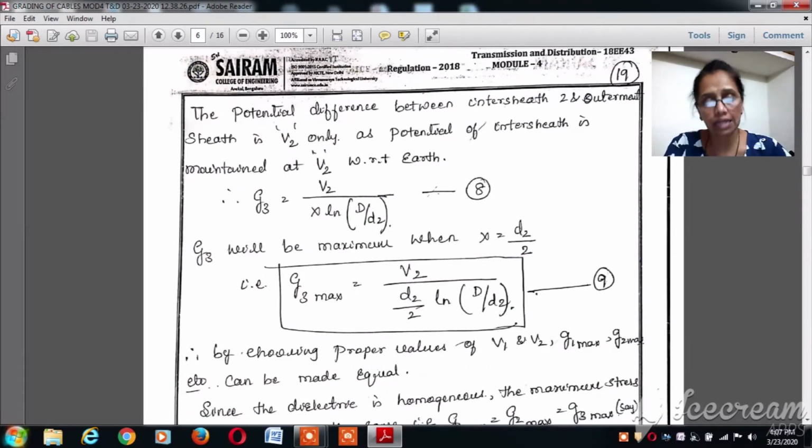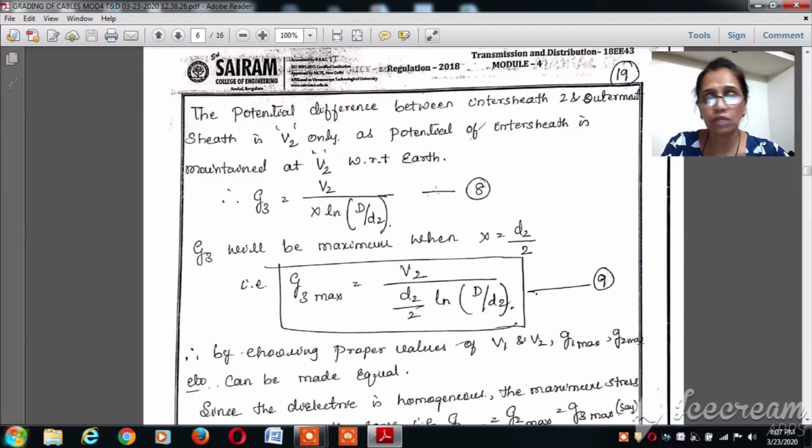The next task is to find the potential difference between intersheath 2 and the outermost sheath, which is the same as V2, because there is no extra potential applied. Only 2 layers have been introduced; we have considered only 2 layers for the purpose of derivation. The third layer will be the outermost layer, at the same potential as V2. The potential of the intersheath is maintained at V2 with respect to earth. The outermost layer, the lead sheath, is maintained at ground potential.